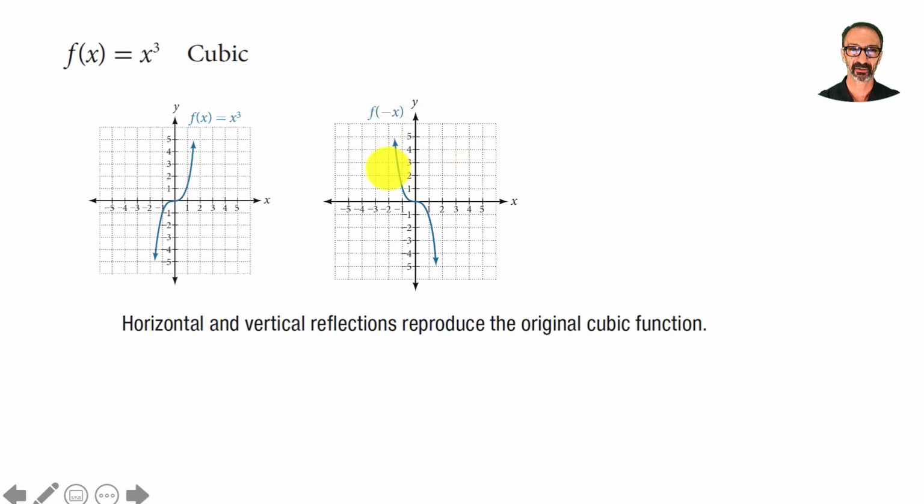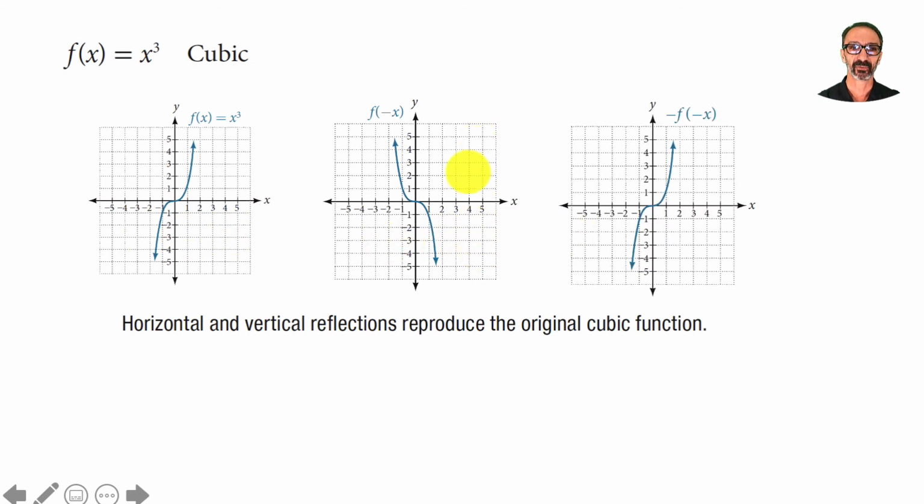So we're going to reflect about the y-axis. Instead of being right, we're going to be left. That's called a horizontal reflection. So what's on my right, now it's on my left. What's on my left of the y-axis is now on the right.